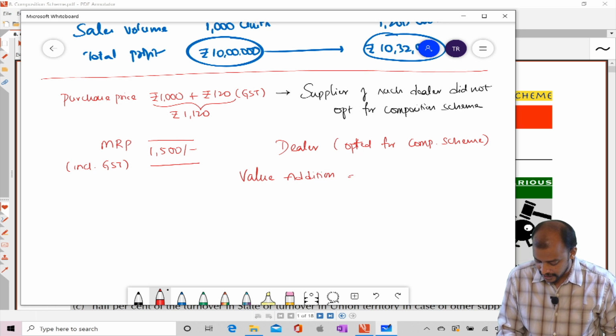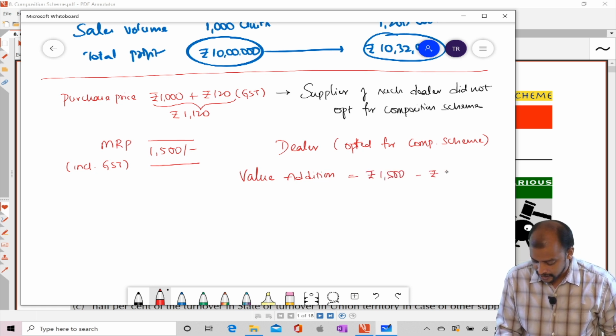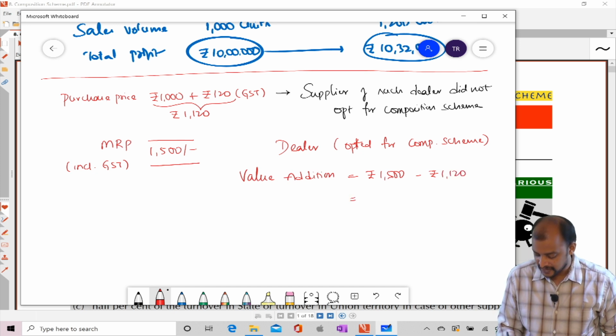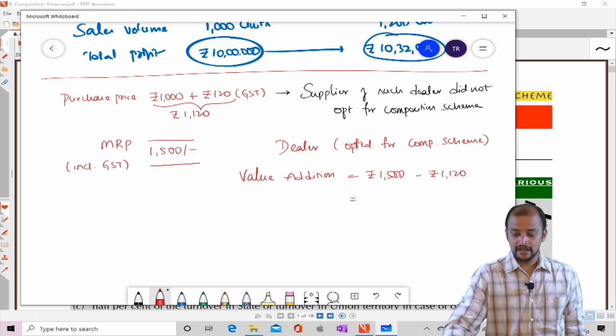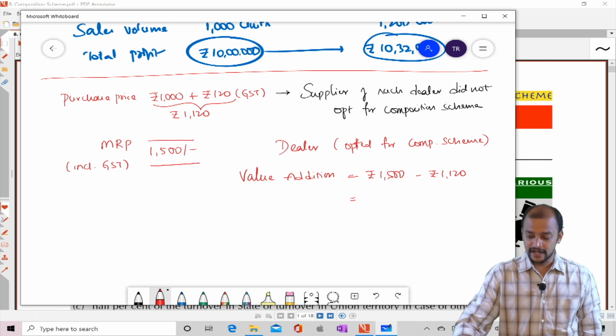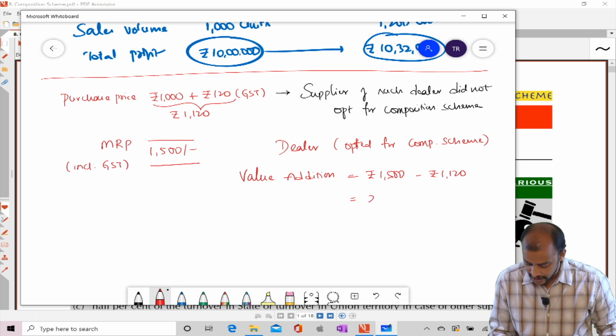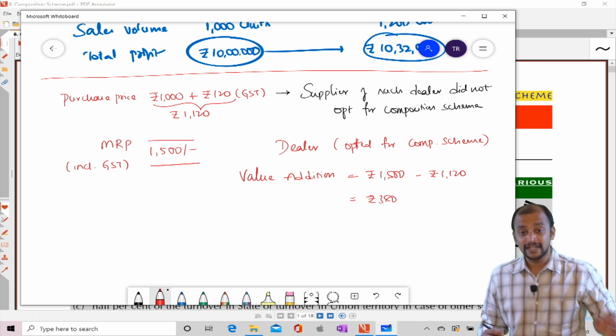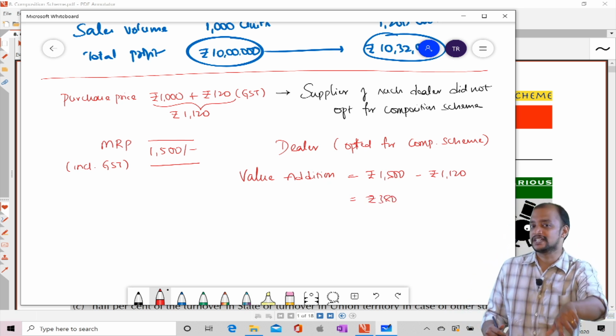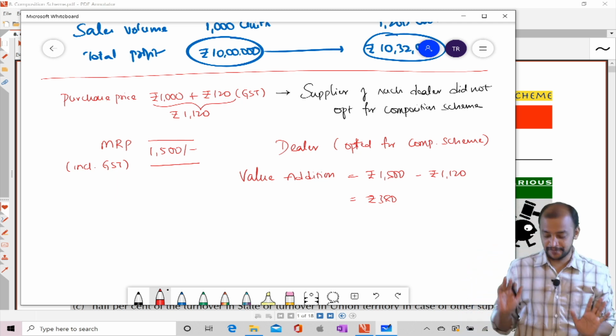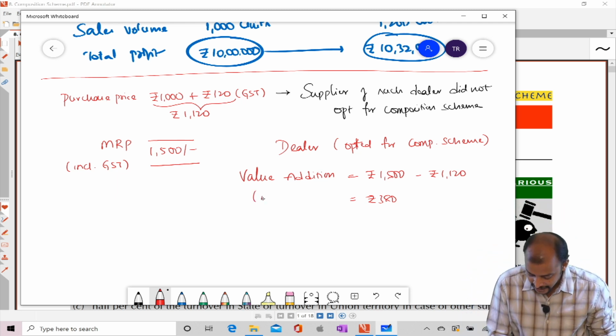His value addition is nothing but 1500 minus 1120, which equals 380. But that 380 is inclusive of GST, which he is collecting from the customer.